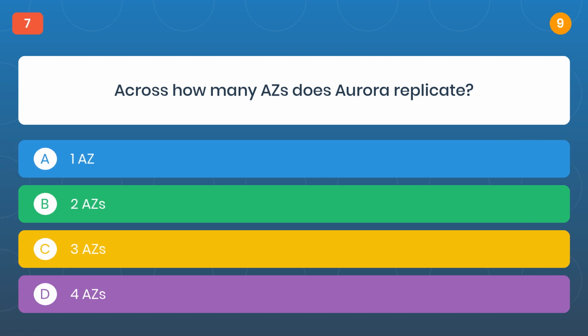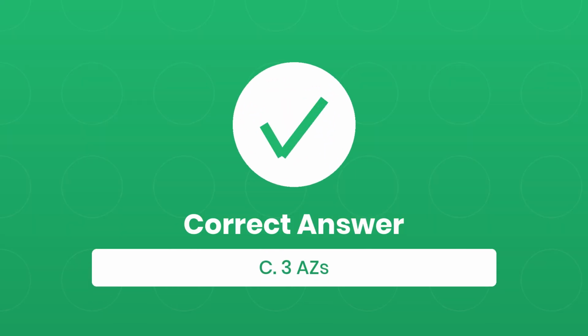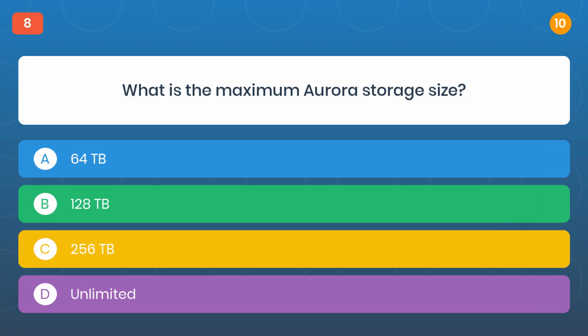Question 7. Across how many OSes does Aurora replicate? The correct answer is C, 3 OSes. Question 8. What is the maximum Aurora storage size?